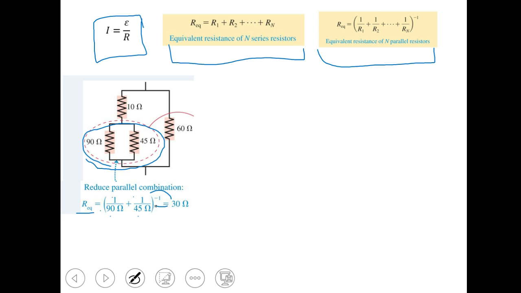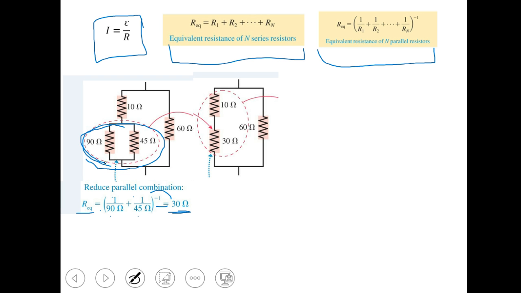That's an important step, and I find that this is like having a 30 ohm resistor there. And I know that's a reasonable number because the equivalent resistance is always less than any of the individuals in parallel, right? And so then I can redraw this and say, okay, well, this is like having a 30 ohm resistor right there, right? That's the equivalent.